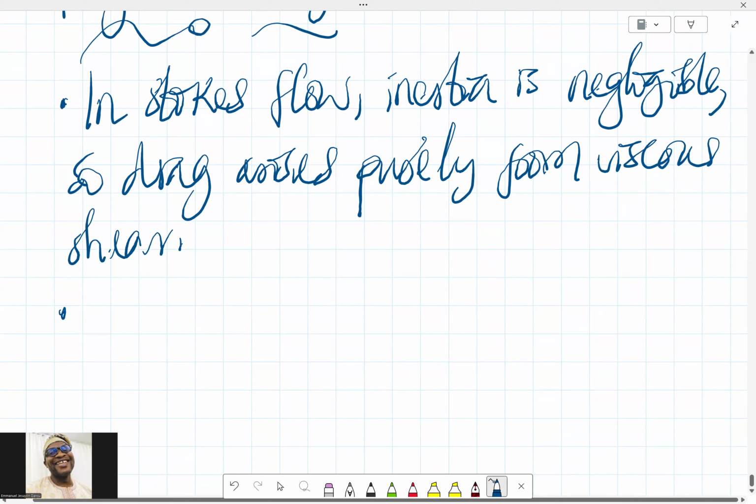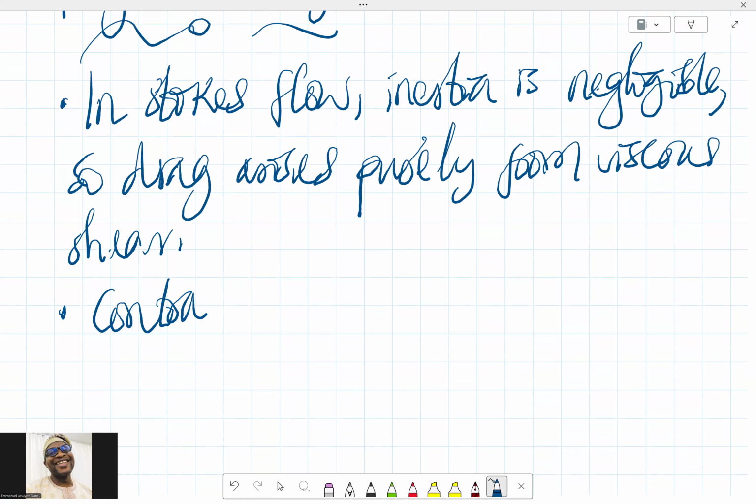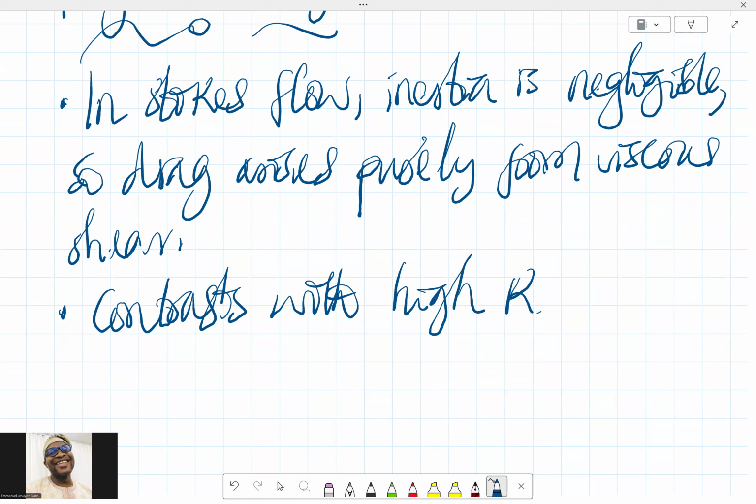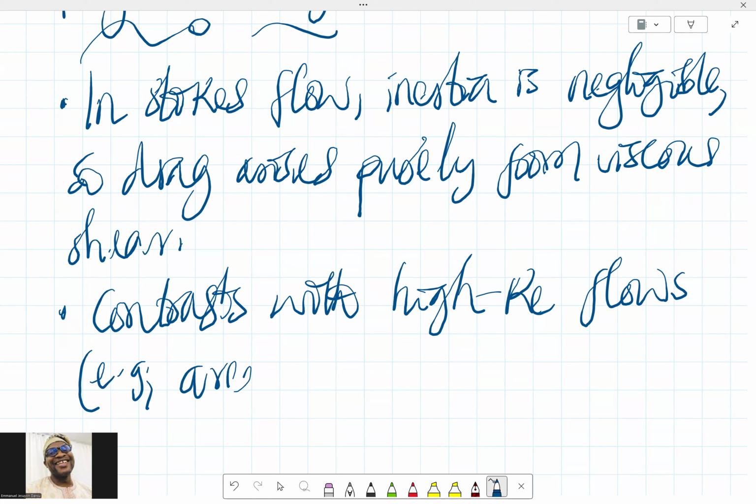Okay. 2, contrasts with high Reynolds number flows, high Re flows, e.g. aerodynamic drag, e.g.